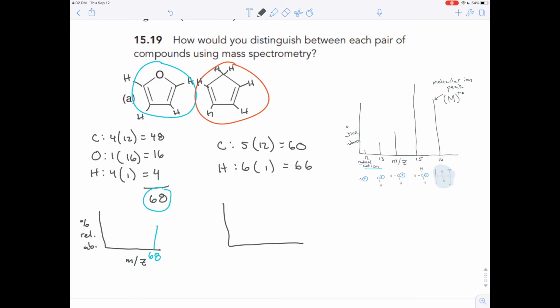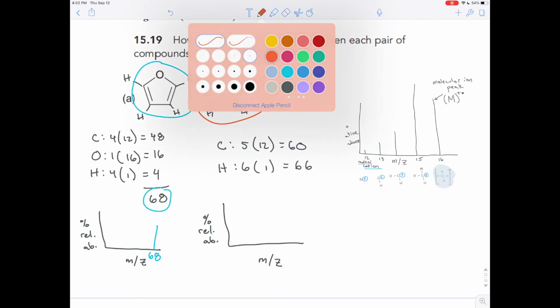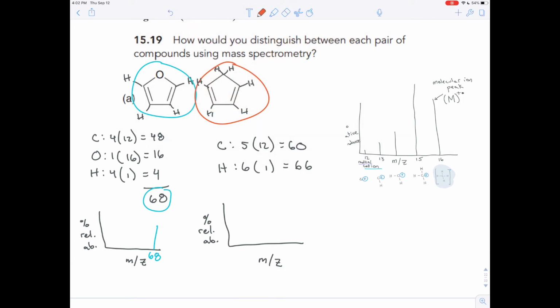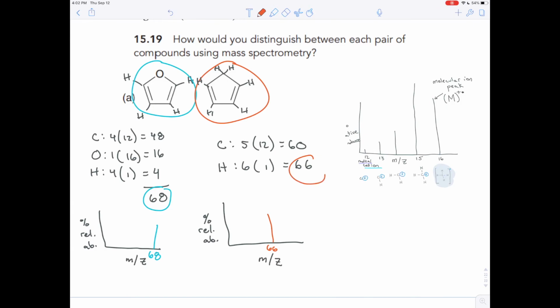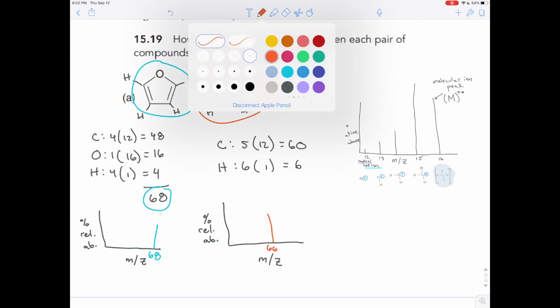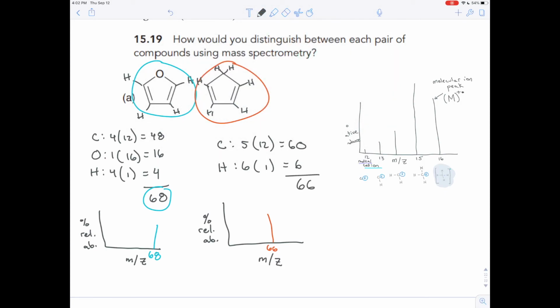On the mass spectrum for this molecule, you have the m to z, mass to charge ratio, which is basically the mass on the x-axis, the percent relative abundance, how many of the molecules you have, on the y-axis, and you would notice that you'd have that molecular ion peak at 66.